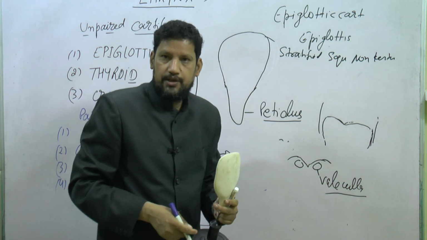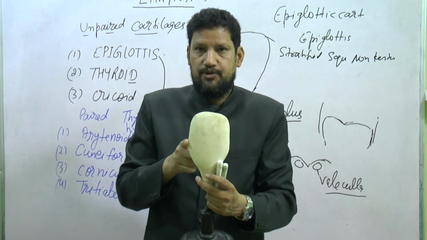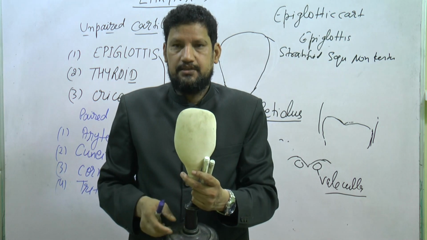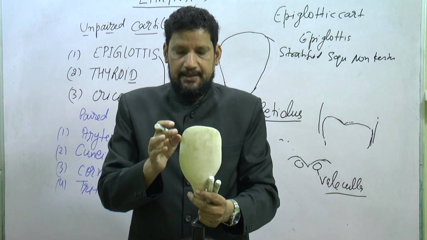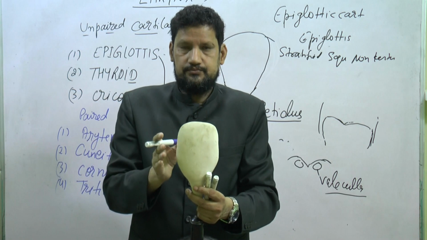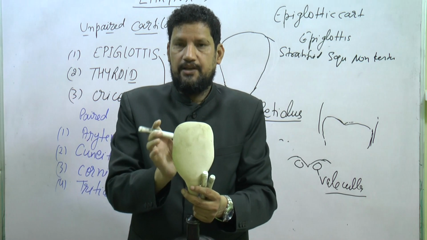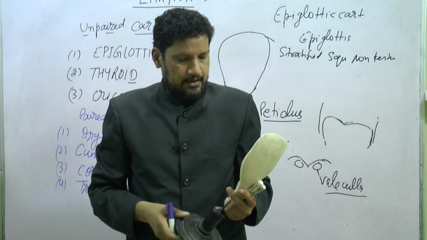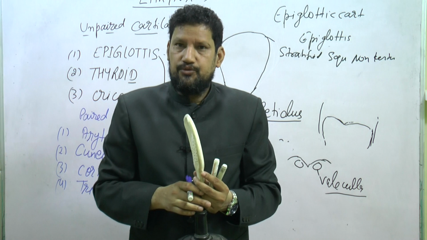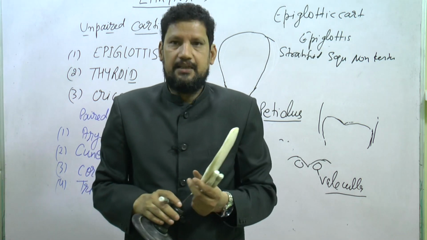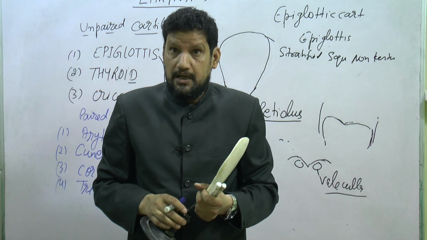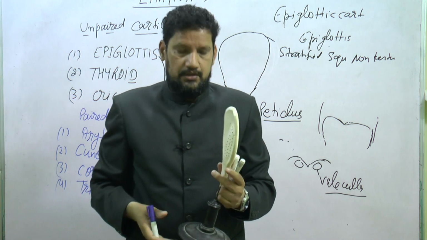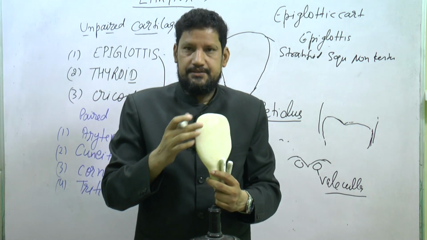Two borders, the right border and the left border. These two borders are having upper free part, which is not having any articulation with the ligament or membrane. The posterior surface is covered by mucosa and having epithelium, the ciliated columnar epithelium, because this is related to the respiration, and this is related to the pharynx.